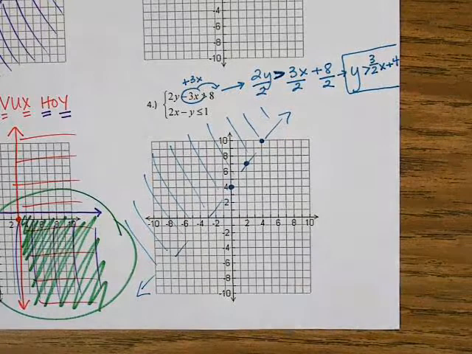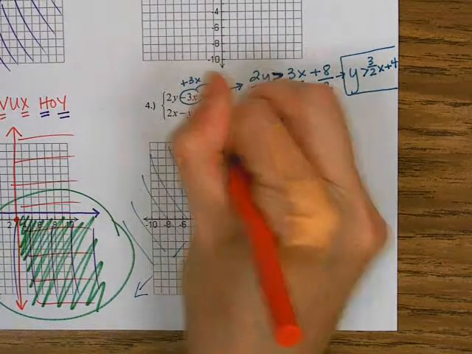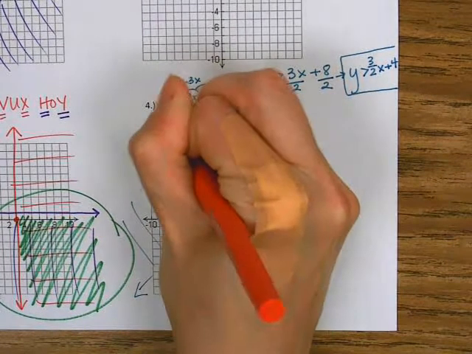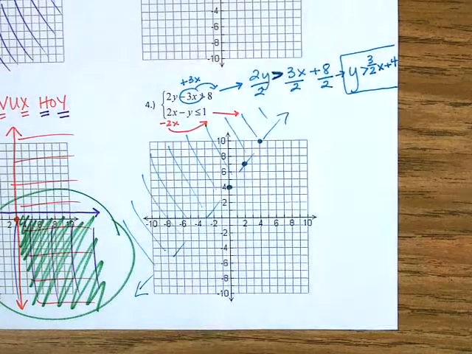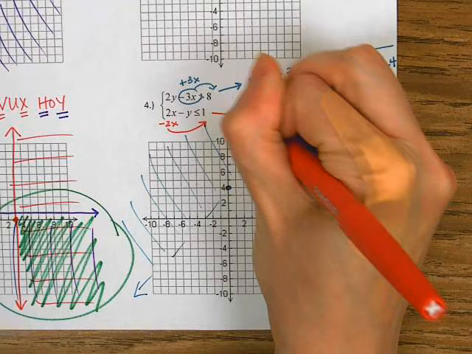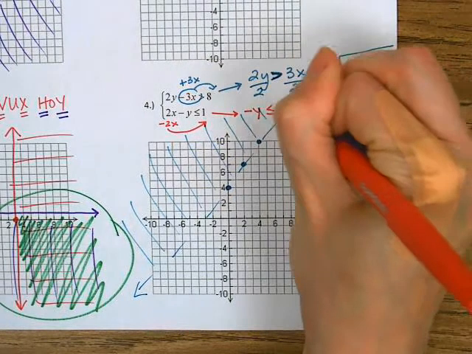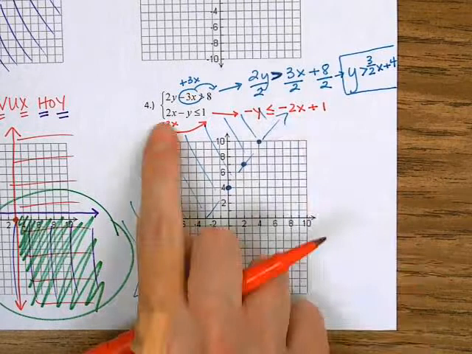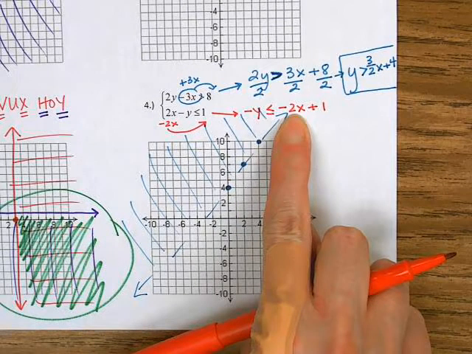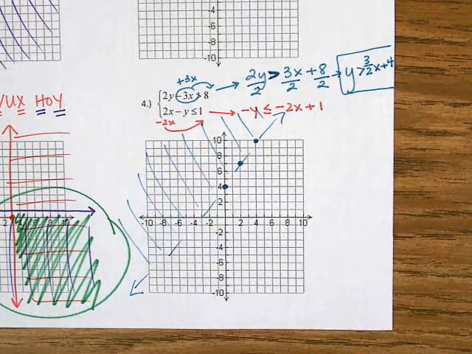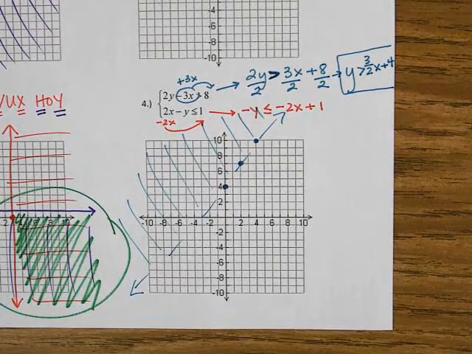All right, now line 2. On this one, we have to minus the 2x over to the other side. So you're left with negative y is less than or equal to negative 2x plus 1, right? Because I minus the 2x over, so it becomes negative. And then you're not done.